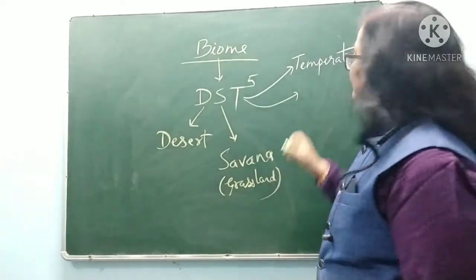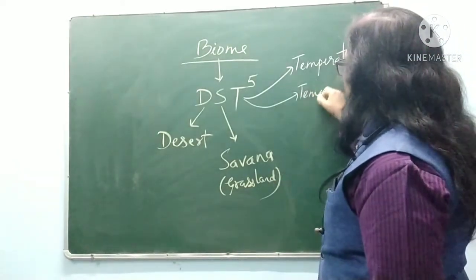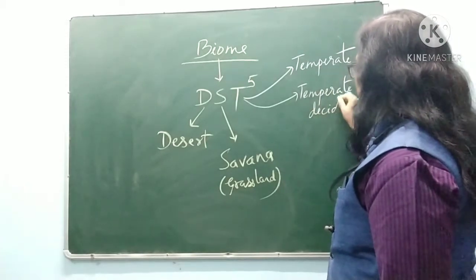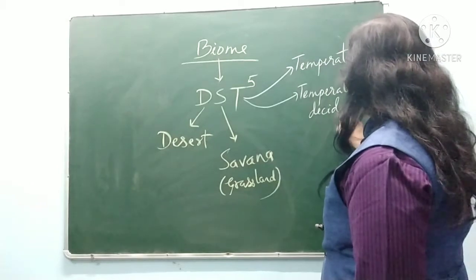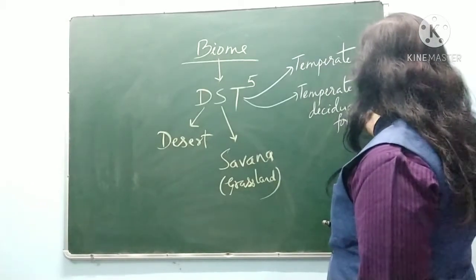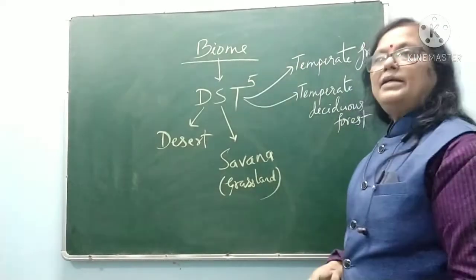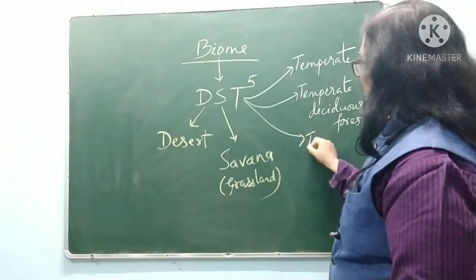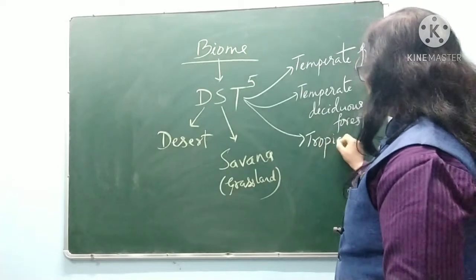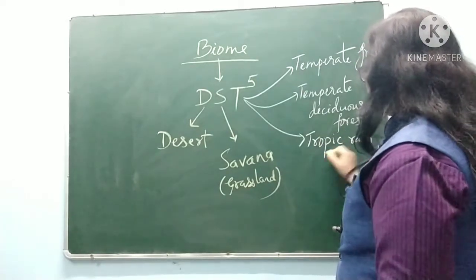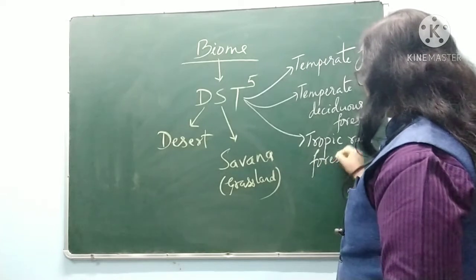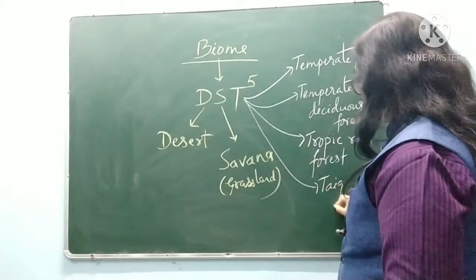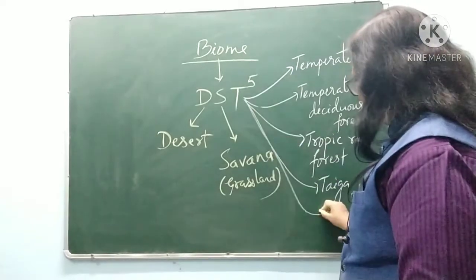Temperate grassland, temperate deciduous forest, then tropic rainforest, taiga, and tundra.